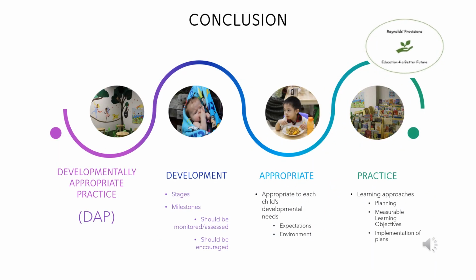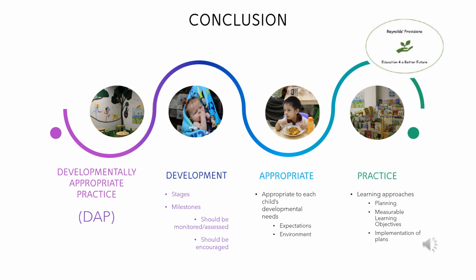So to conclude, we learned several things today. We learned that the definition of developmentally appropriate practice means meeting the needs of children where they are in their developmental level while we plan, implement our plan, and assess. We broke the term developmentally appropriate practice down, letting us find the definition of the term.